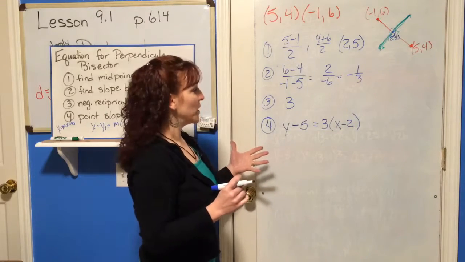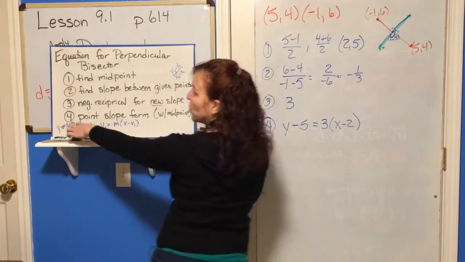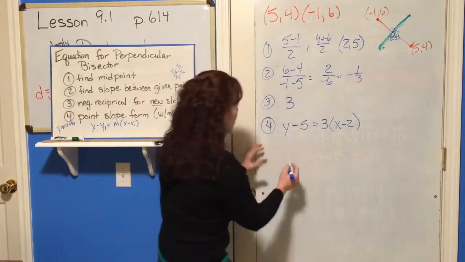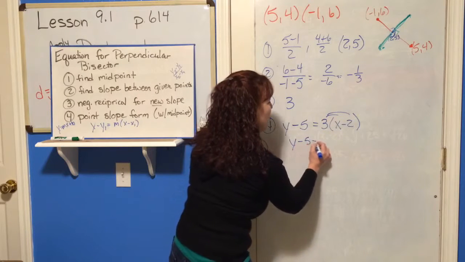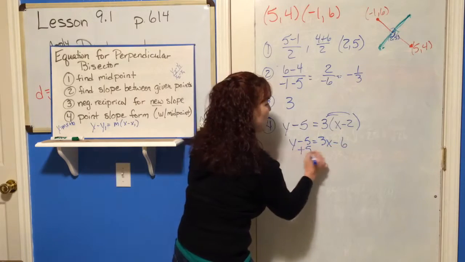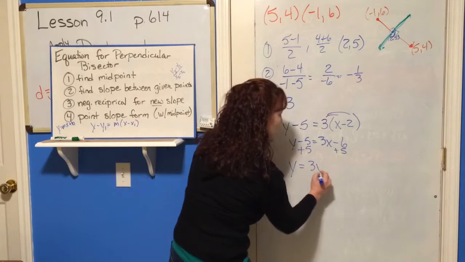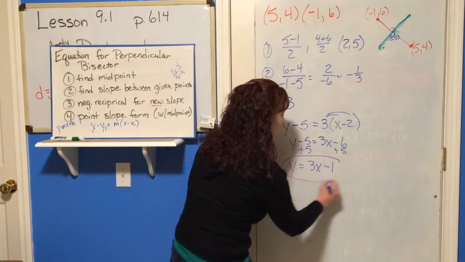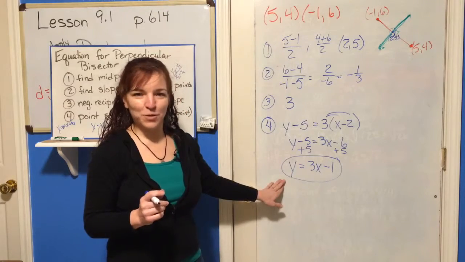So now we simply solve for y to get it into the y equals mx plus b format. So we've got to multiply this through first. Y minus 5 equals 3x minus 6. Add 5 to both sides. So our final answer is y equals 3x minus 1. So all 4 steps, quick, easy, for this final answer.